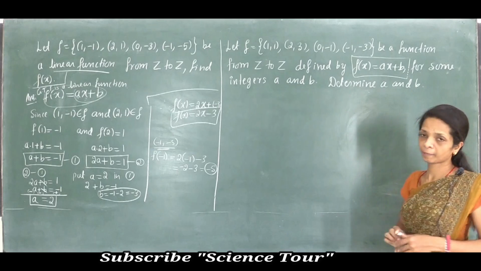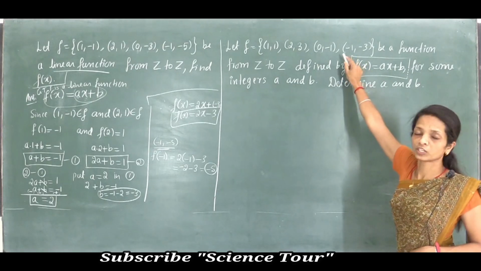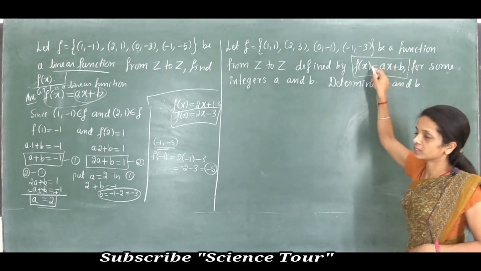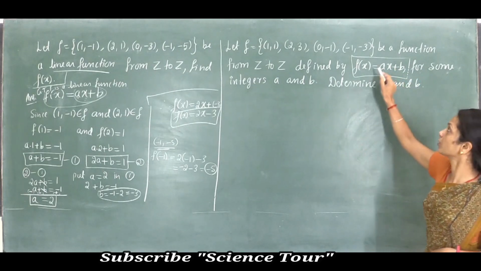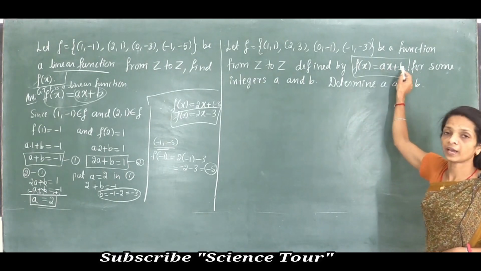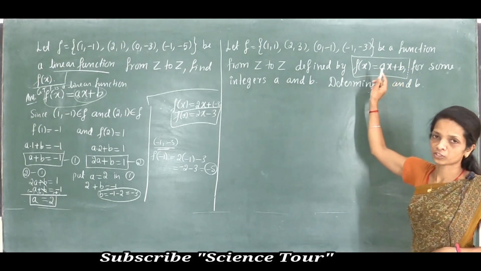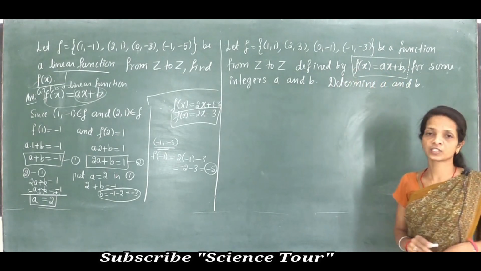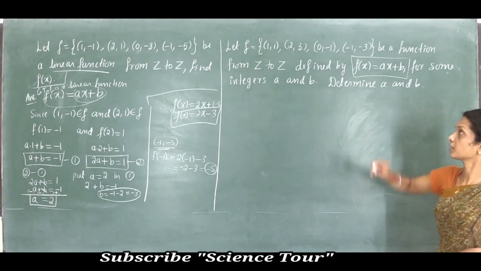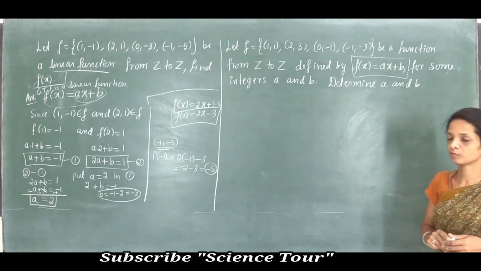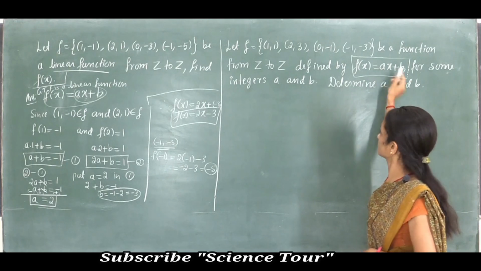Determine a and b. Here you are given one function in roster form, and how that is defined is also given, but here two unknowns are there, a and b, that you have to find. Okay, this is a linear function. They gave in the question itself which form, ax plus b form. Just you have to find what a and b are.